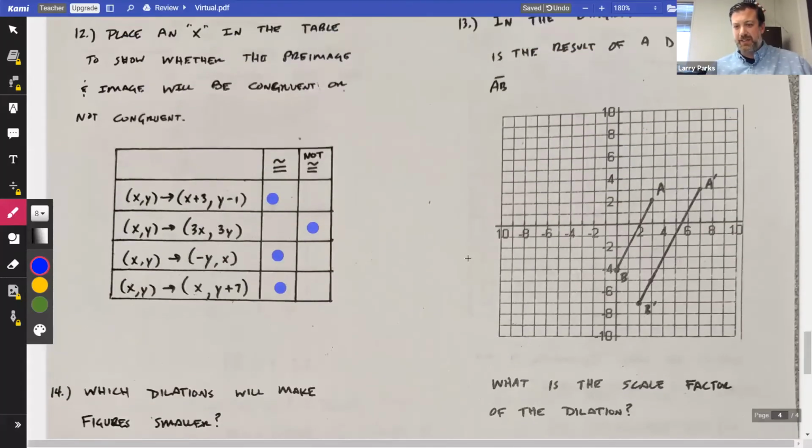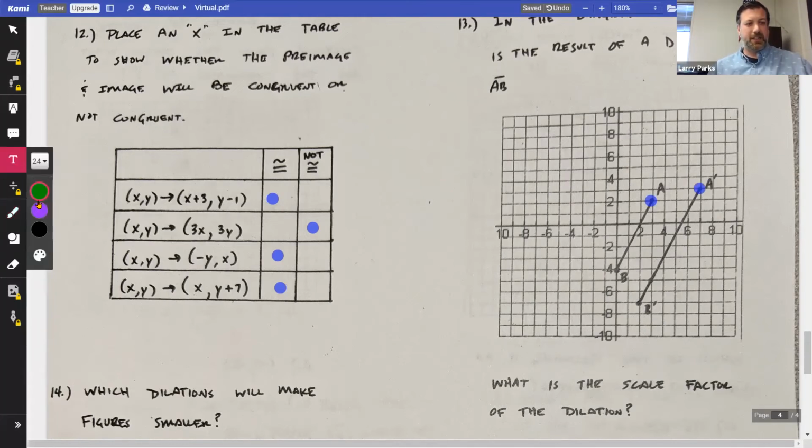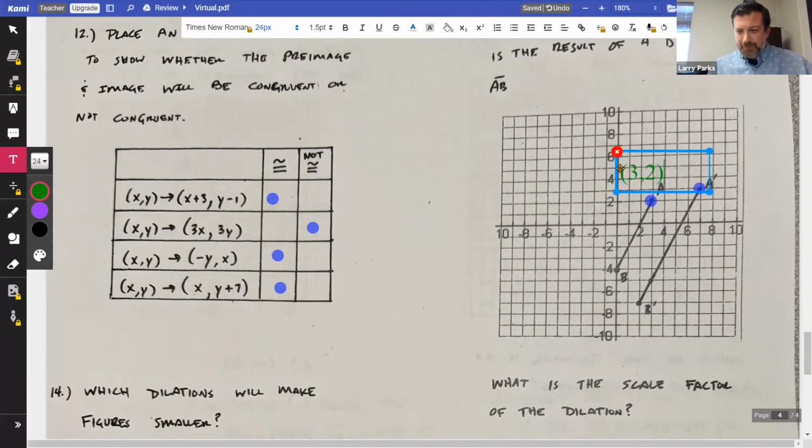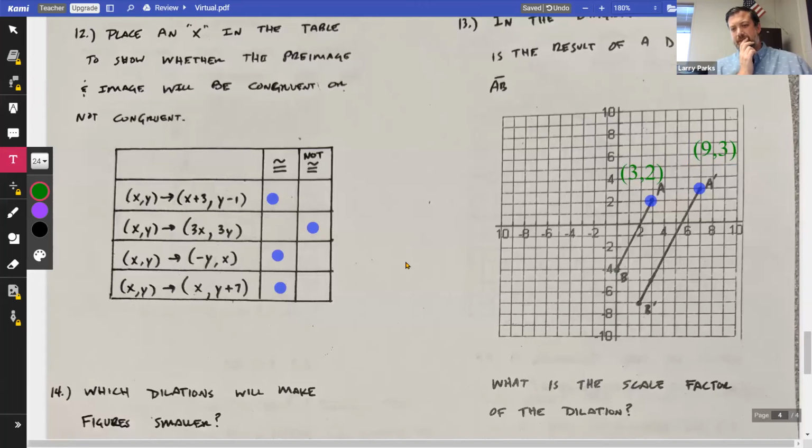What's the scale factor? Well, it looks like it started at 3, 2, and then it went to 9, 3. So let me think.